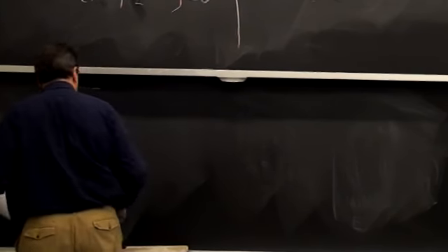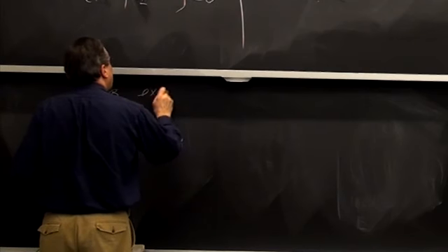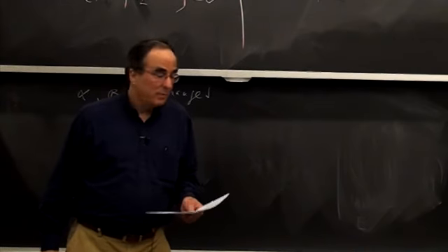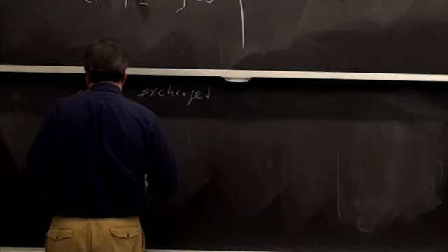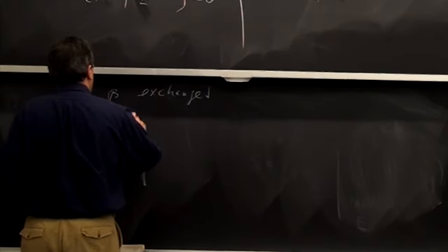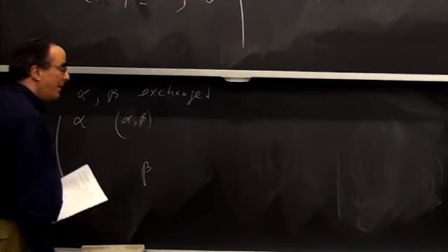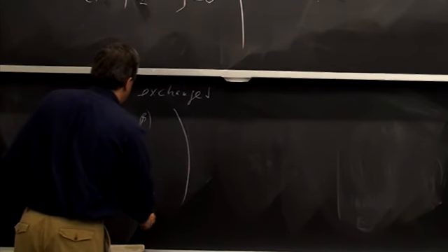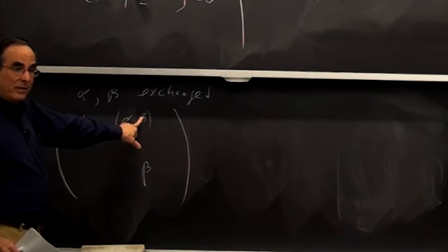So the first thing that you do is you say, okay, suppose atom alpha and atom beta are exchanged by the symmetry operation. Well, the matrix that does that is going to have an alpha block and a beta block, and in between there's an alpha beta block. And so all the information about the exchange of alpha and beta are out here.